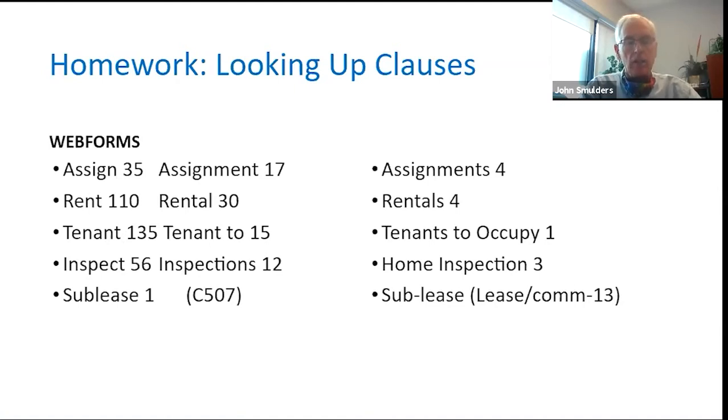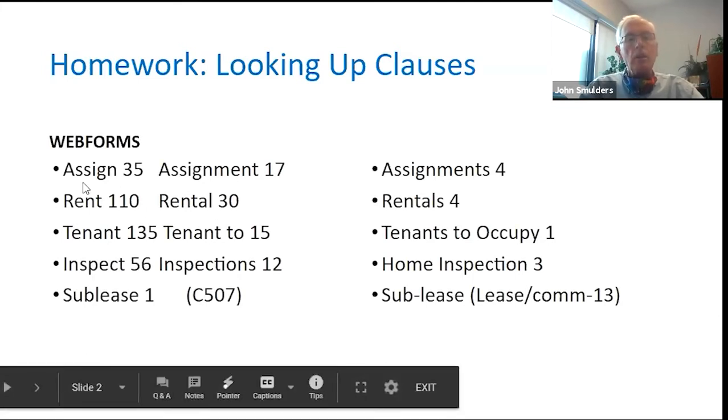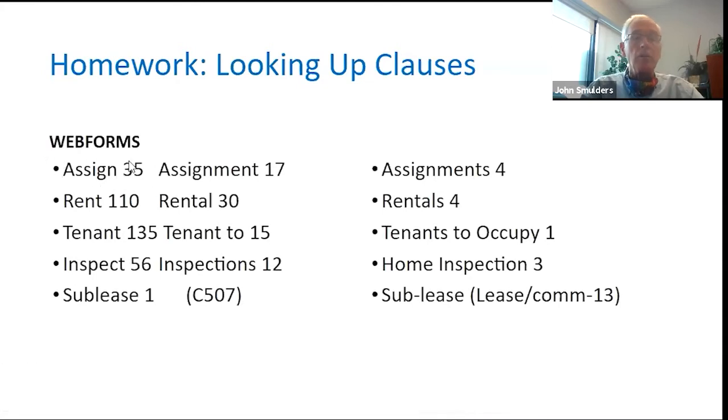The problem with web forms and transaction desk is that when you put in a different search pattern for the same idea, then there's a problem. For example, the first one here, for assignments, if you put in the word assign in web forms, you get 35 responses.